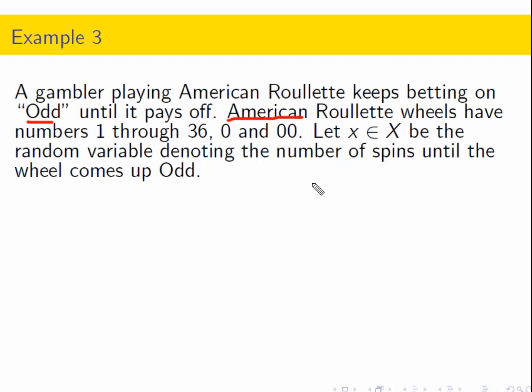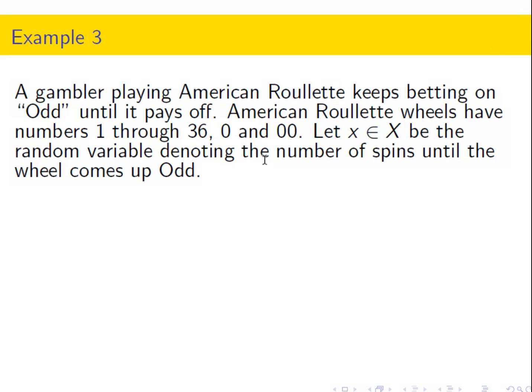The American roulette wheels have numbers 1 through 36, and they have a 0 and a double 0. In South America, I don't really remember, I know that they're different in different locations. I'm pretty sure that in South America they just have the 0, so there's only 37 total spaces rather than 38. But be that as it may, he's going to bet on odd.